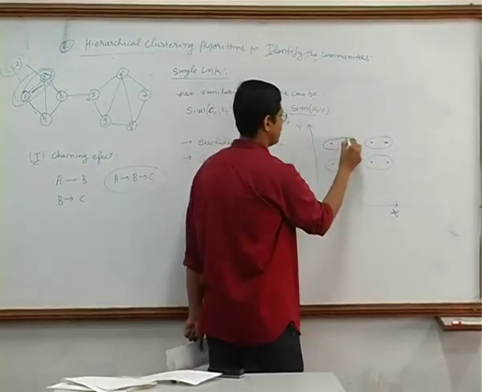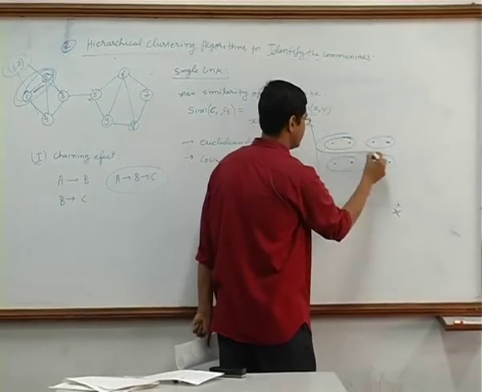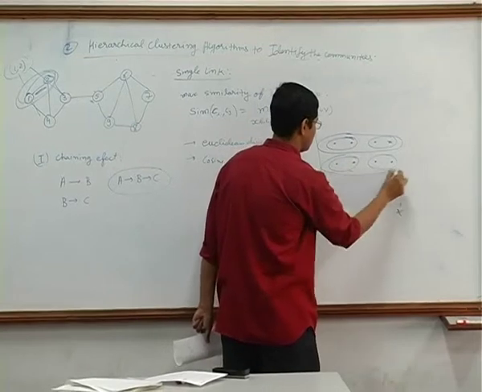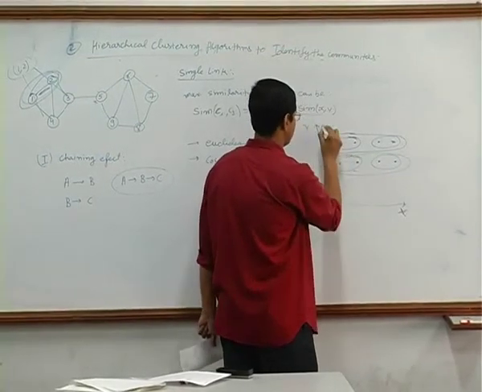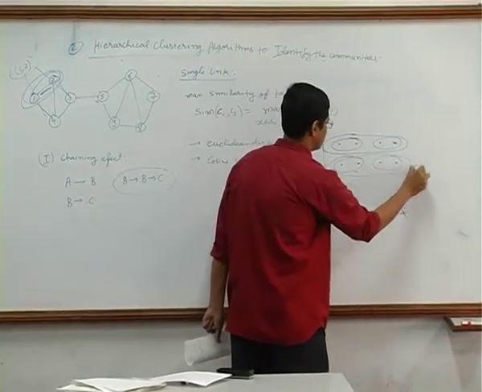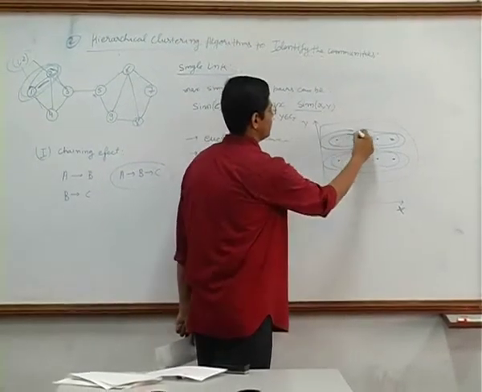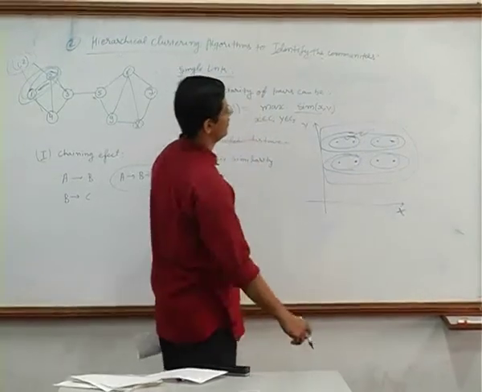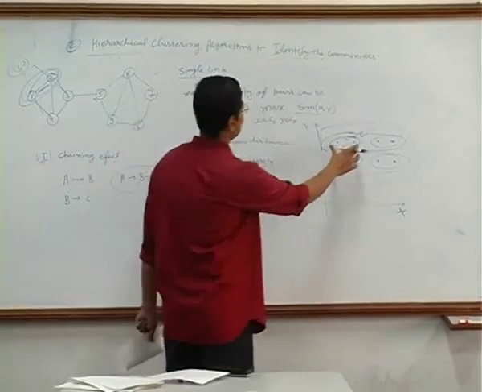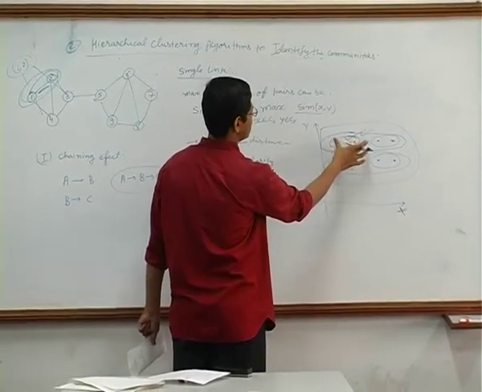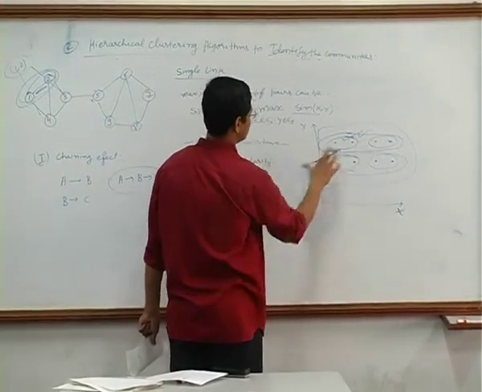After that, due to the chaining effect, it will make a chain, and as a final cluster, it will merge all the points. So if we use the single link algorithm, a hierarchical clustering algorithm, then we will suffer such kind of problems of the chaining effect.